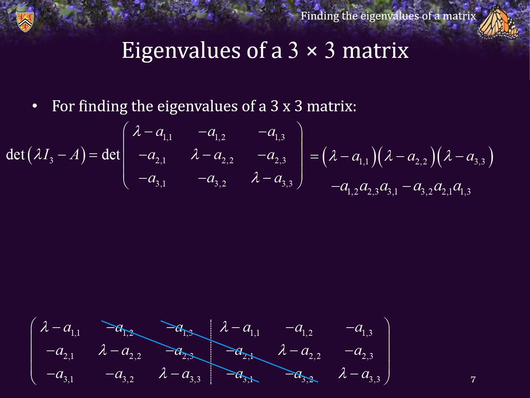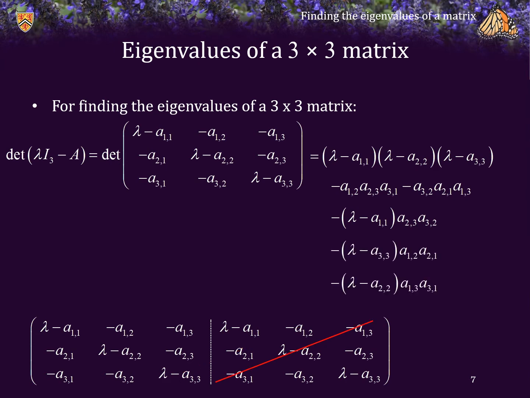We then multiply these together and subtract that from our results so far. Multiply these three together, subtract, and multiply these three together and subtract. All right, so that is our determinant. And therefore, the roots of this cubic are the eigenvalues of the 3 by 3 matrix.